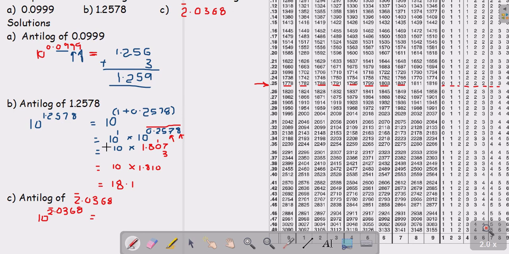Okay, so when you do like that, what we do is separate now. We have the fraction part and we have the whole part. So we separate them.